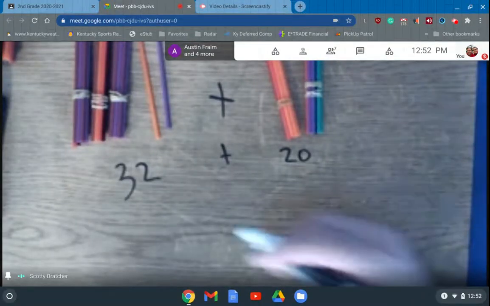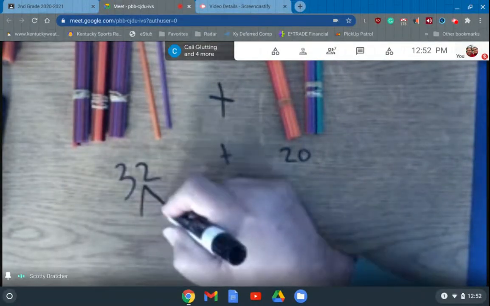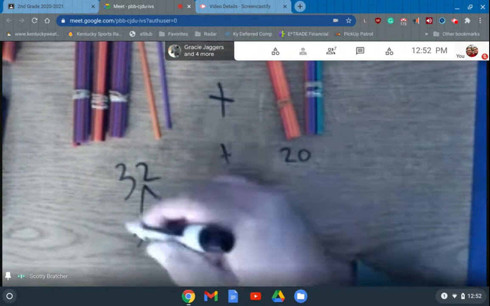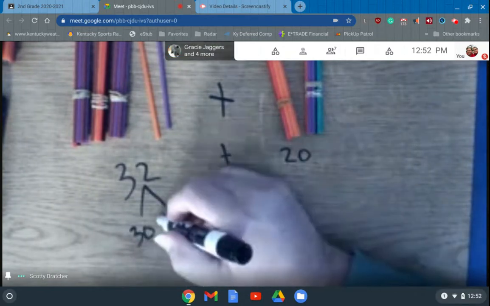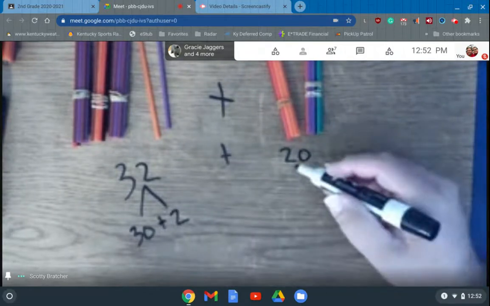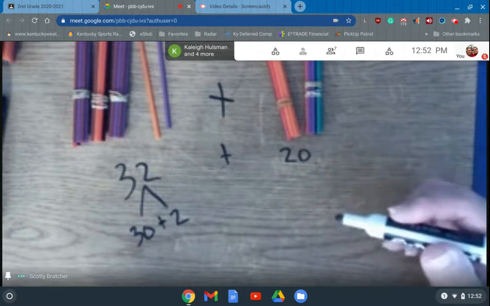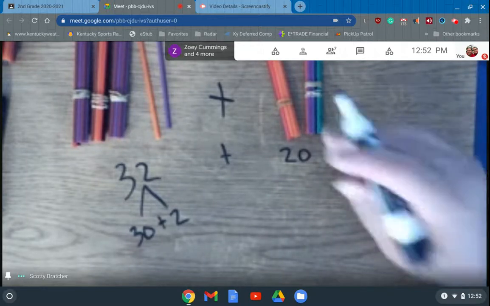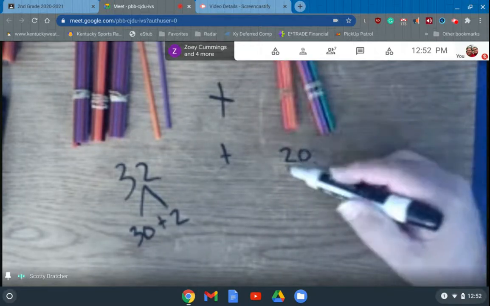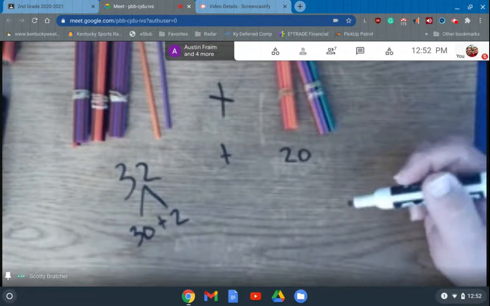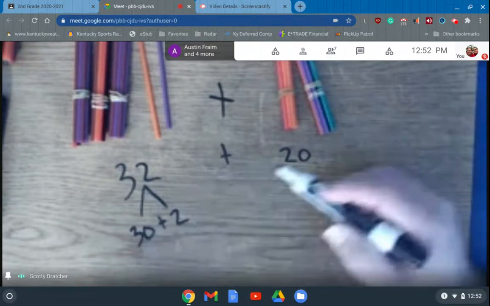So if I pull the 32 apart, I've got 30 and 2. If I make this number bond here, okay, and this 20, it's already a tens number, so I don't have to pull it apart. Okay, if we already have a tens number here, I don't have to pull that apart.